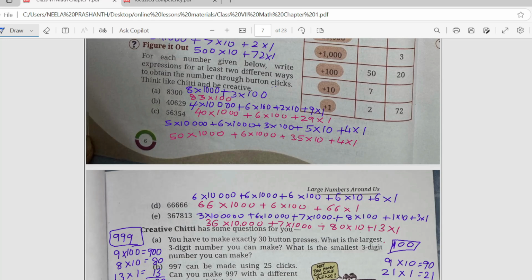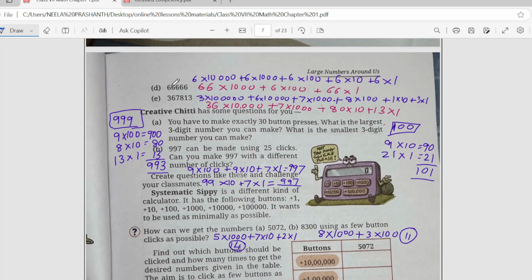And the remaining you can change or else keep as it is. You can make changes in 4 different ways here and get different ways of writing the same number. D and E also are written in 2 different ways. You can also explore and write more than 2 different ways.